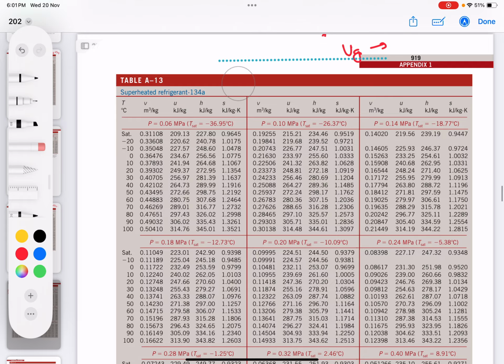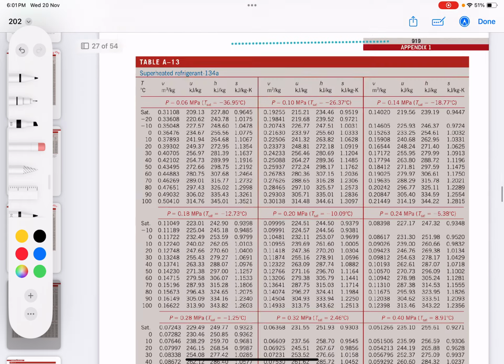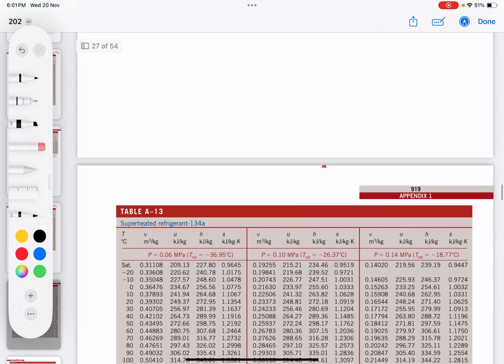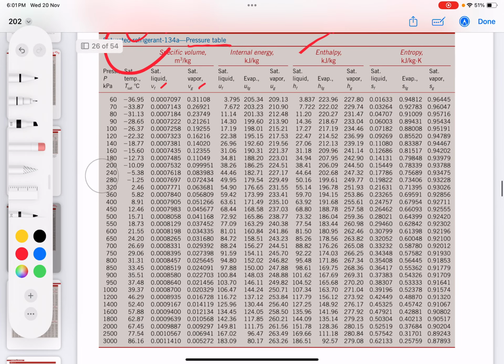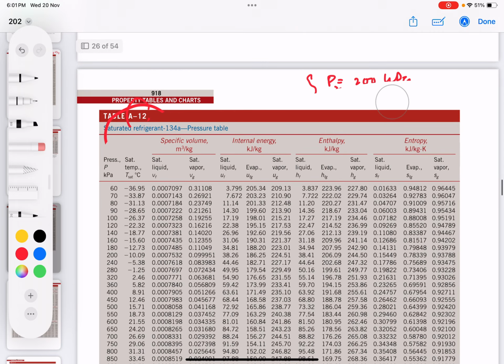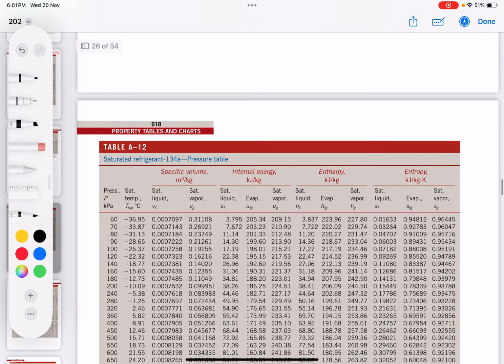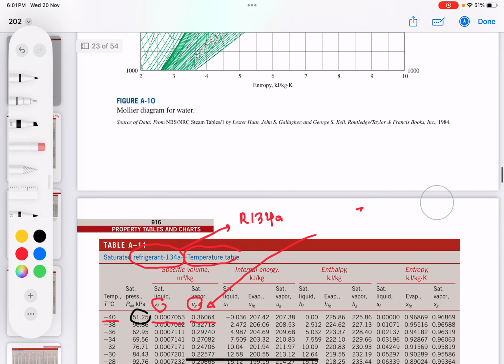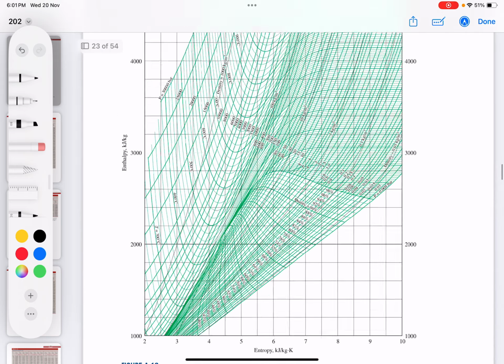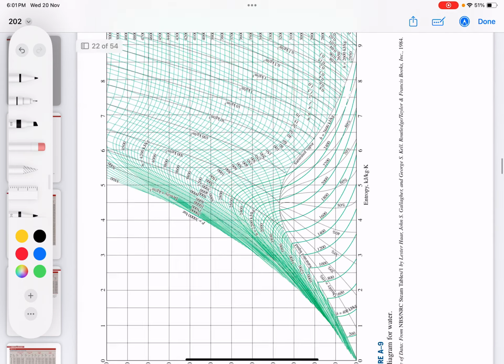Usually for the test or for the final, it's not going to be, okay, read from the steam table what is the value? No, that one is going to be too easy. Sometimes we're going to have 3 different states, and we have to find the value for each state. The basic rule to use the steam table is that you have to have a minimum of 2 different properties.